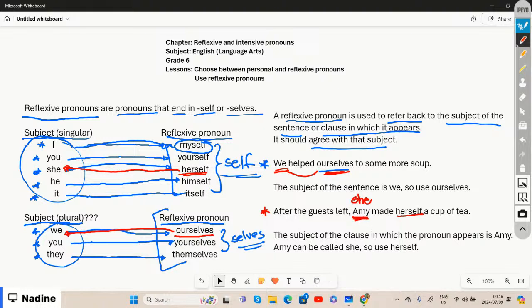Sometimes they'll give you the noun, which is the name of someone, but then you can just find the pronoun of that word, which can be she or he, and then you will be able to see that it refers back to the subject or to the reflexive pronoun.